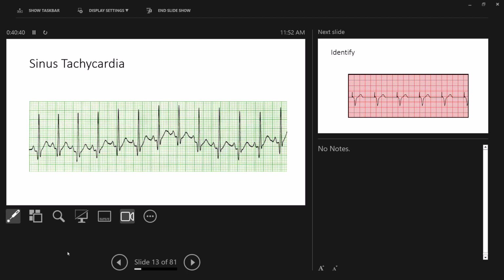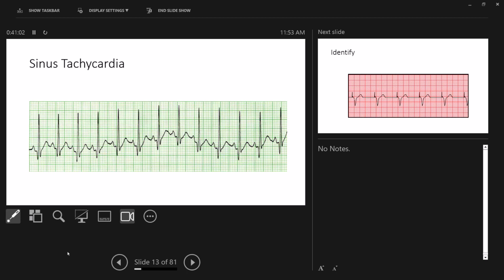I will tell you, almost always it will have P waves. Now, it is possible that you could have a... Okay, let me ask you a question, Sydney. You bring up a good question. You're a smart lady. What if this were up here with this rate and you didn't see any P waves?